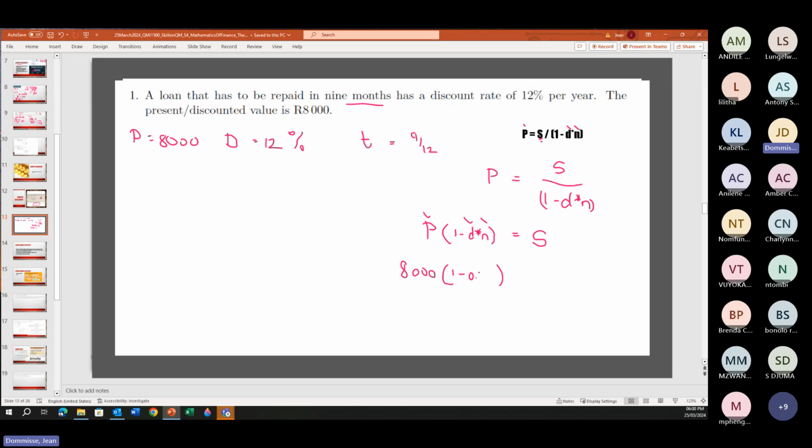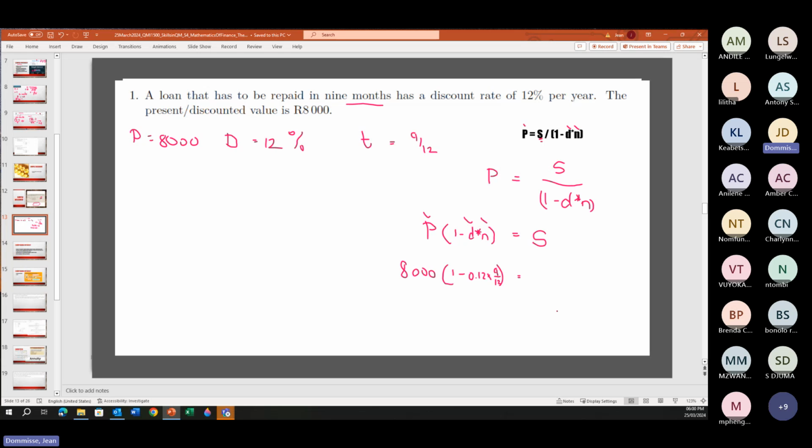So 0.12 times 9/12. So 0.12 times 9 divided by 12.